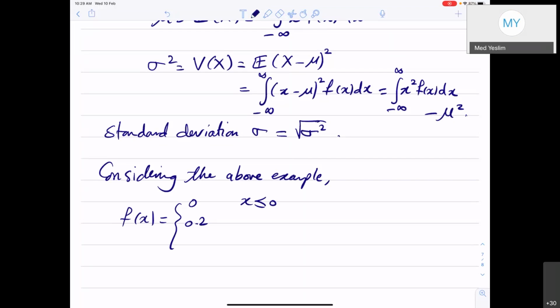Yes, the variance and the standard deviation both convey the same message, because one is the square root of the other. So they both tell you about the spread of the random variable. As we will see later, it depends on what application you are talking about. If you do communication, you will use the variance more. It reflects the power of a signal. The variance of the signal reflects how much power I have in that signal.